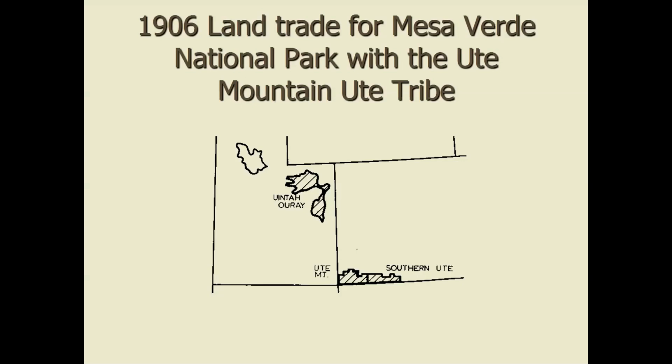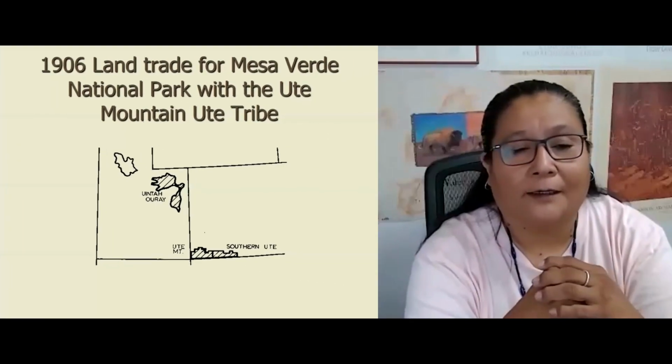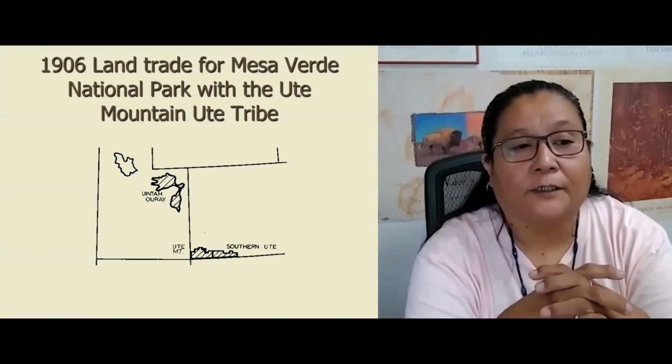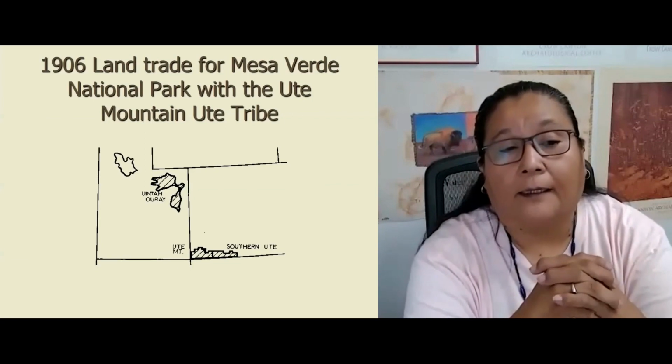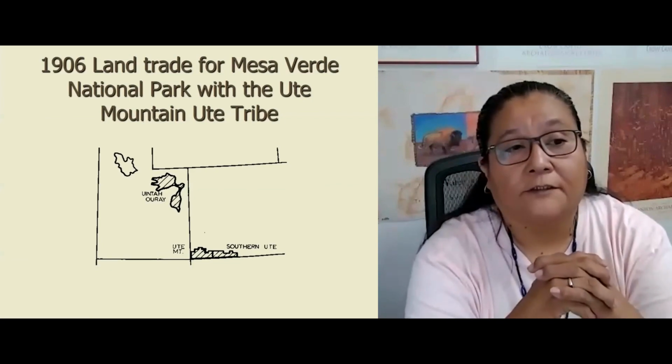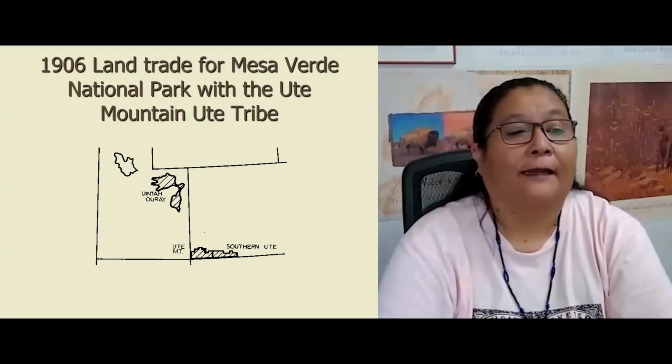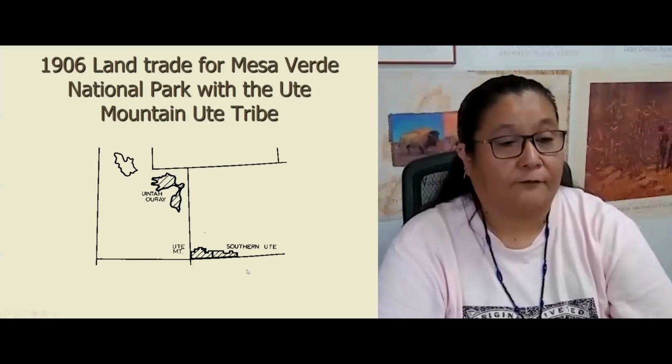And so they didn't really say no, and the government just said, okay, you know what, we're going to take it anyway. Threw a check, here you go, and took the land. And then in 1923, they wanted more land, and the tribe said no. So it wasn't really a nice trade for that land, and that's kind of how we lost Mesa Verde.